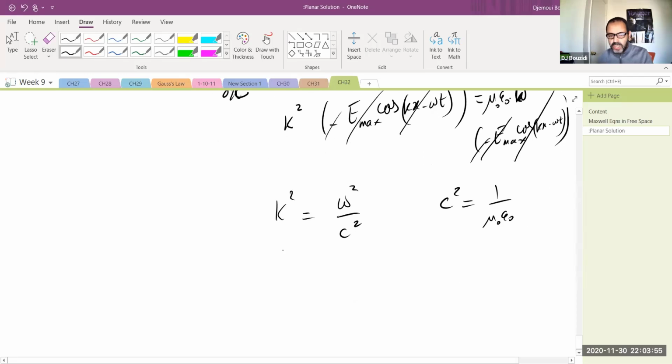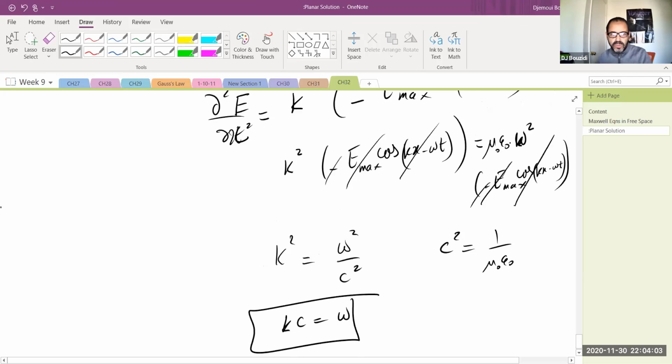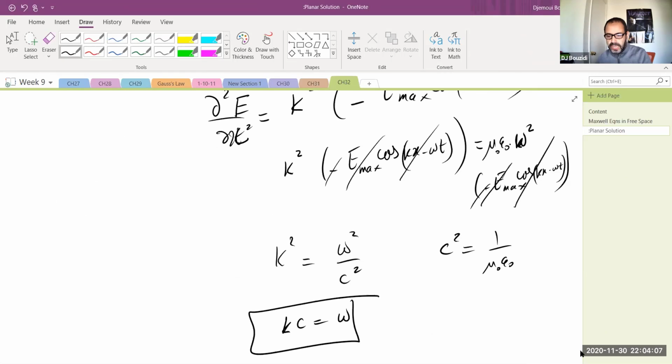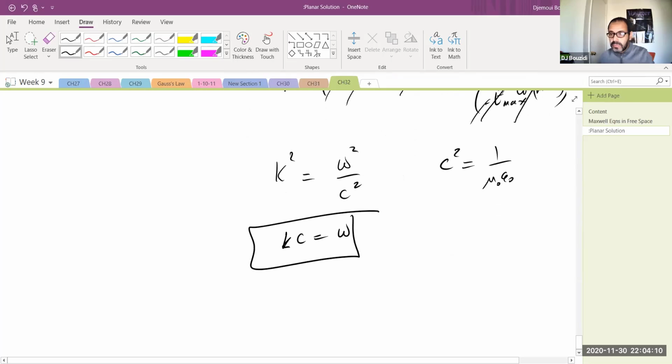That's how we take them. So the square root of this expression becomes kc equal to omega. This is the expression that I argued earlier is the dispersion law: omega equal to kc. Omega is 2 pi over T, or 2 pi times f. That is what omega is.